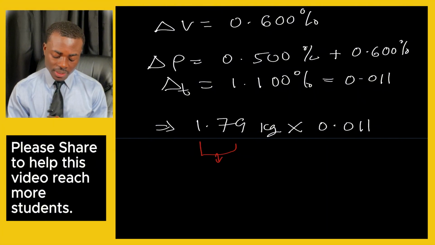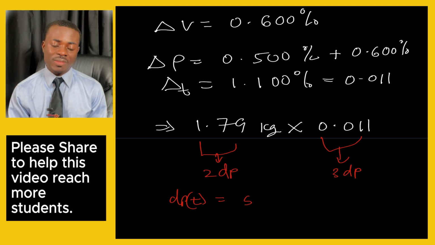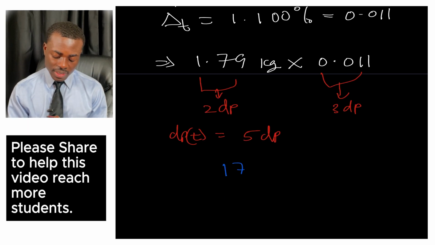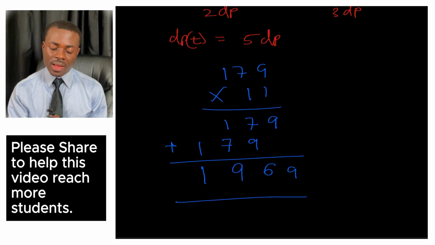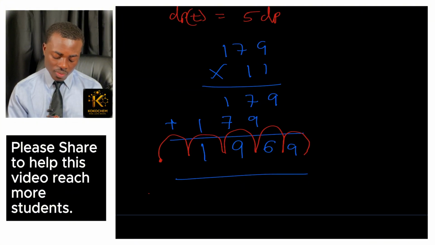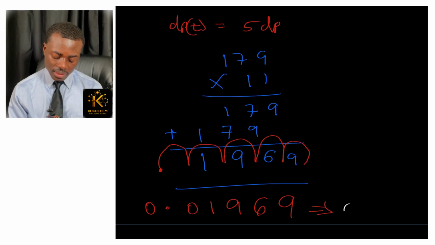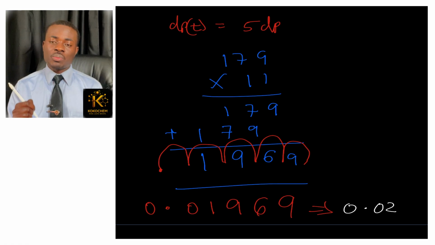The number of decimal places here is 2, and over here we have 3, so the total is 5 decimal places. 179 times 11, and remember we have 5 decimal places, so we count 1, 2, 3, 4, 5. The answer will be 0.01969. If you round it up, you are going to get 0.02. So that will be the uncertainty in the mass calculation.